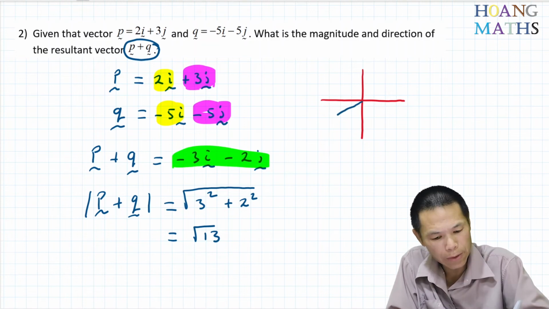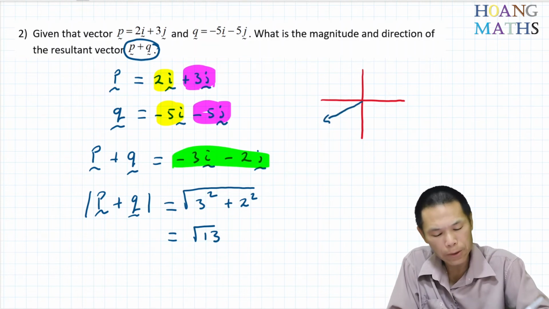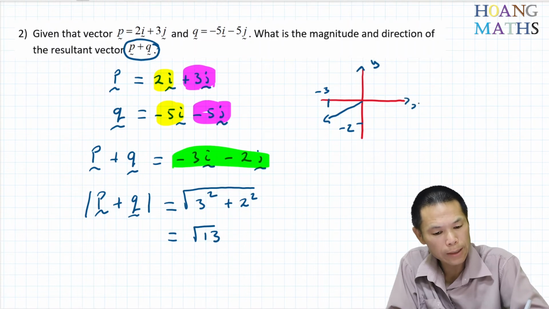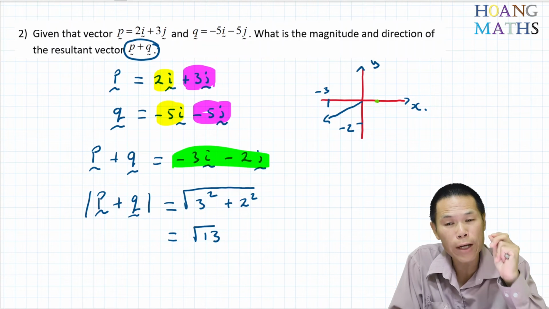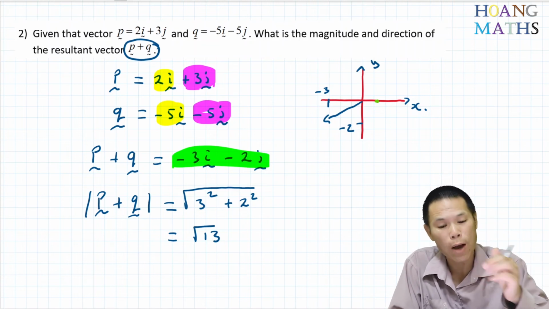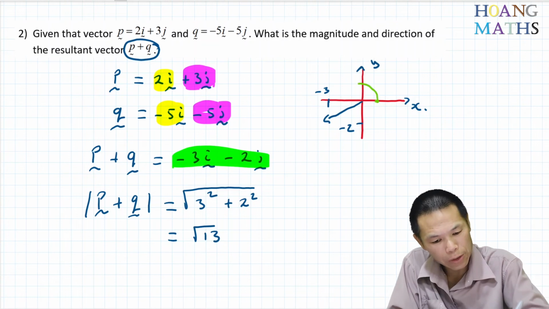So this is the resultant vector. That is negative 3 there, and this is negative 2. This is y, this is x. The direction always starts from the positive x-axis and goes anti-clockwise. So this is the direction.